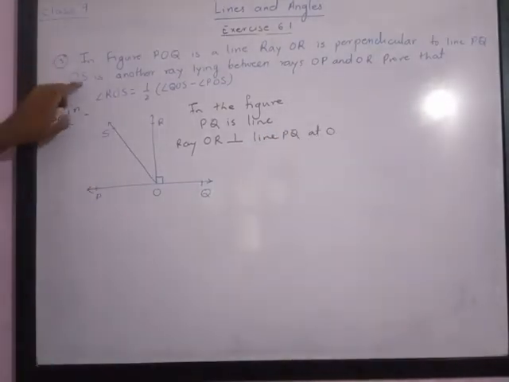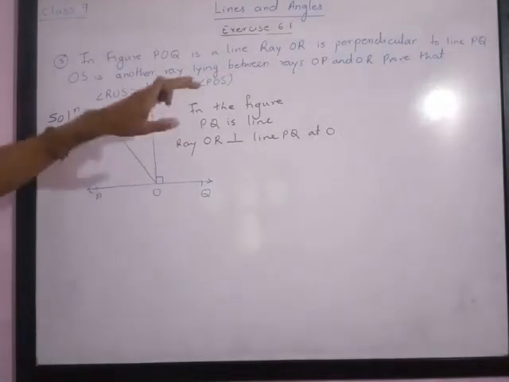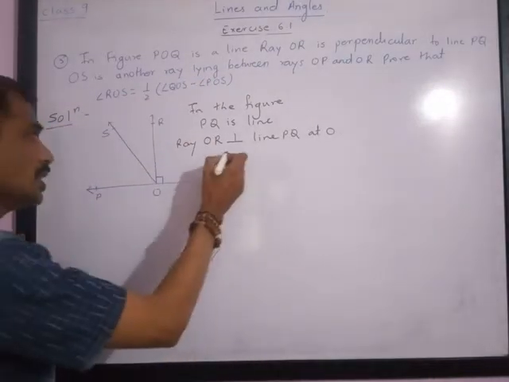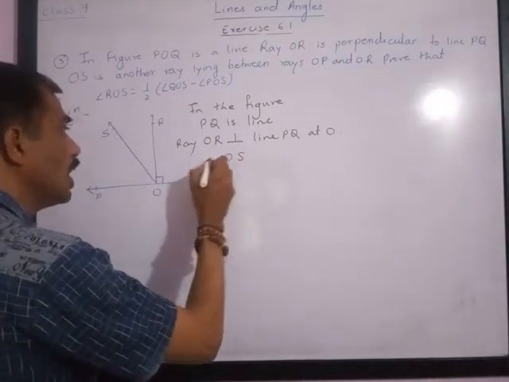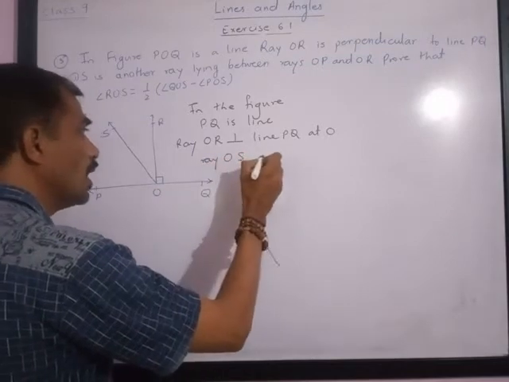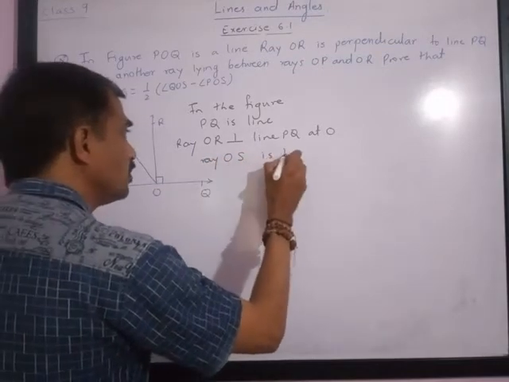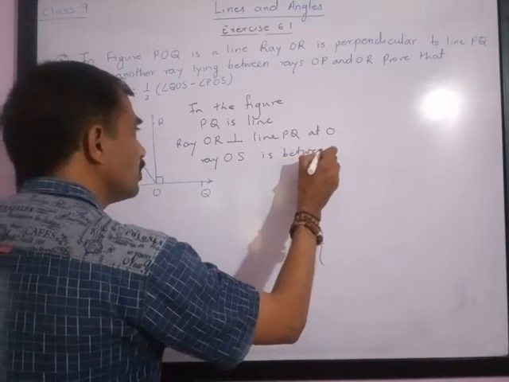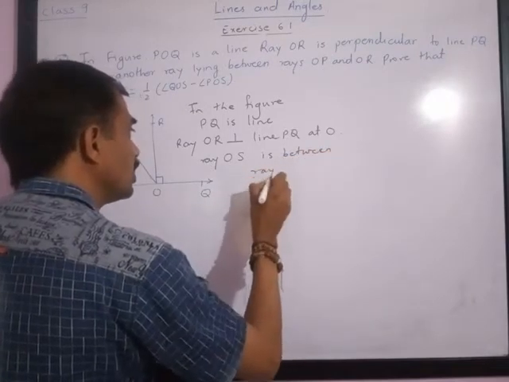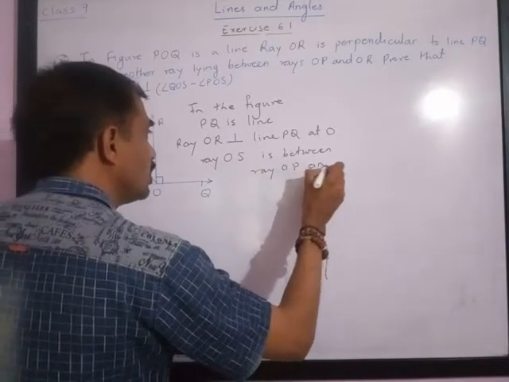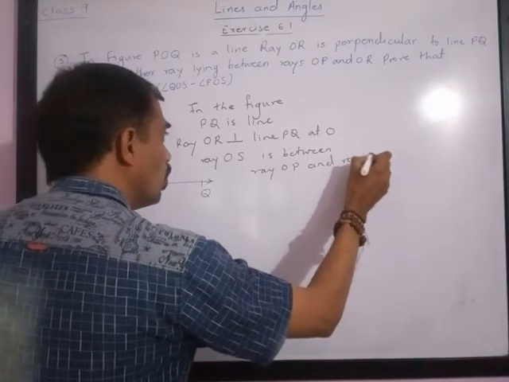Then we are given OS is another ray between OP and OR. So we can write this as: ray OS is between ray OP and ray OR.